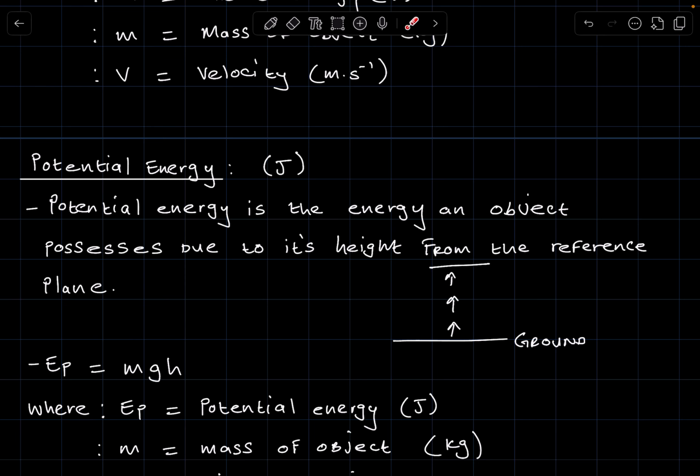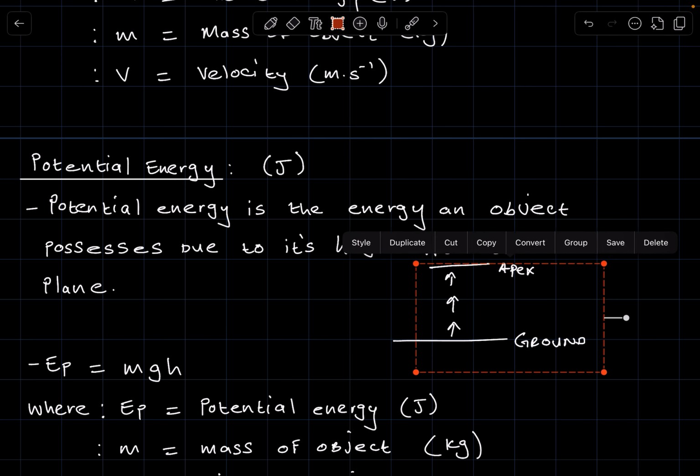As the object moves from the ground to the maximum point that it will reach before it goes back to the ground, it gains potential energy, and that is attributed to the object gaining height as it approaches the apex. So that is what potential energy is.